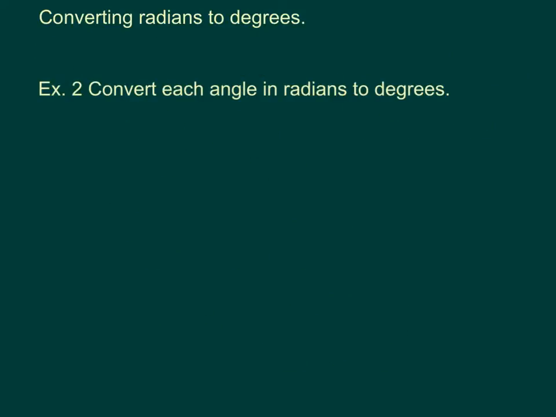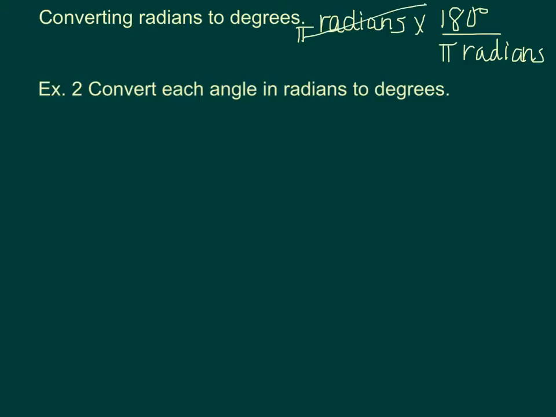Now let's convert radians to degrees. Our conversion factor will be a little bit different. You'll take your radians, or your pi radians, and multiply it by 180 over pi radians, because the whole point is for the units to cancel so you can convert radians to degrees.